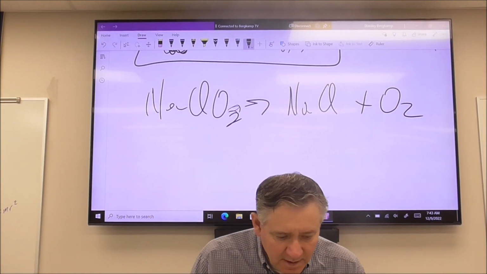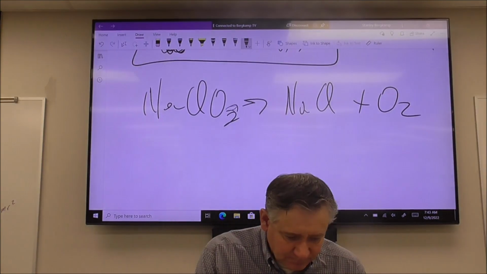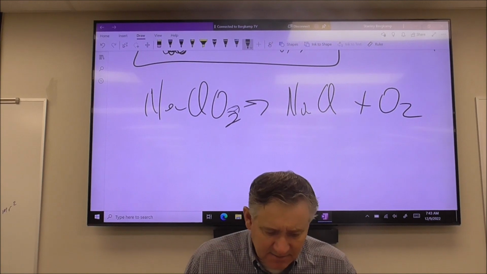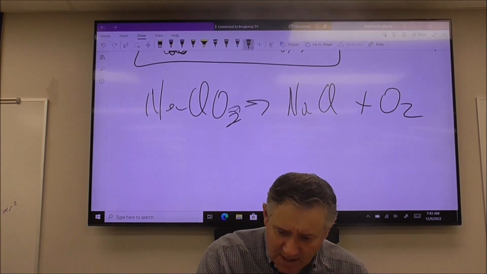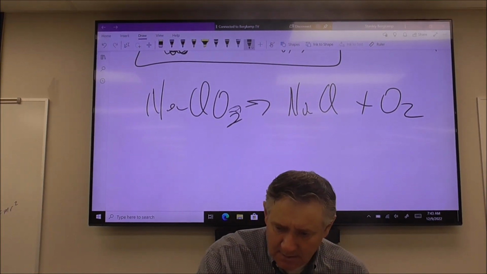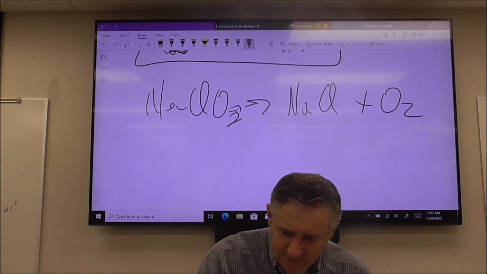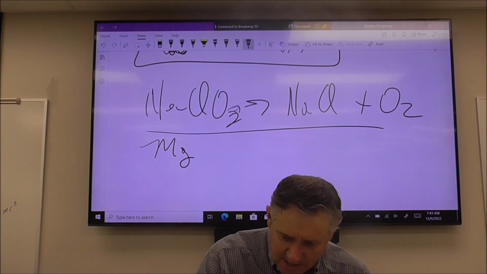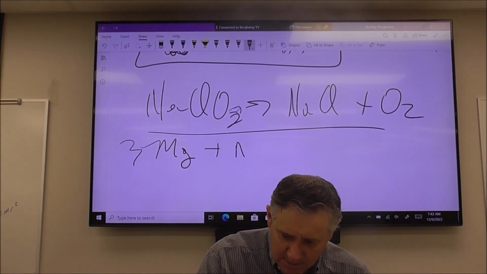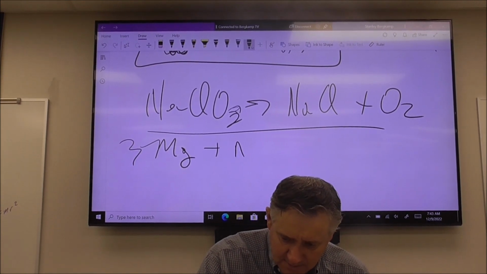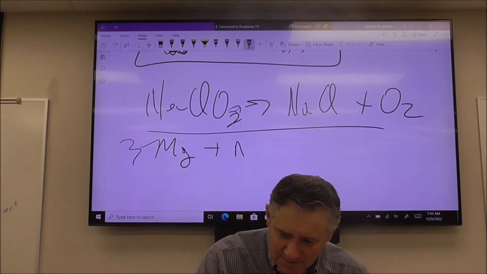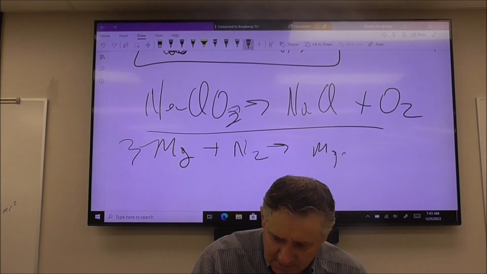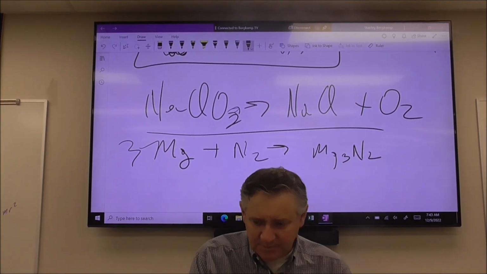Now, somebody had asked about number 4 on that last page, on the back side, right? So you've got magnesium reacting with nitrogen, turning into Mg3N2.